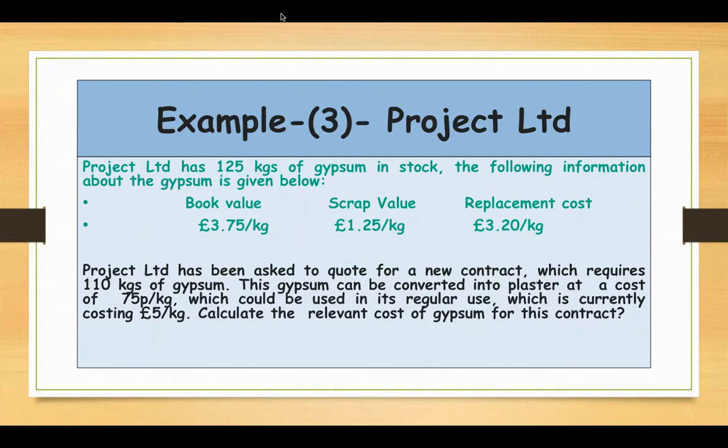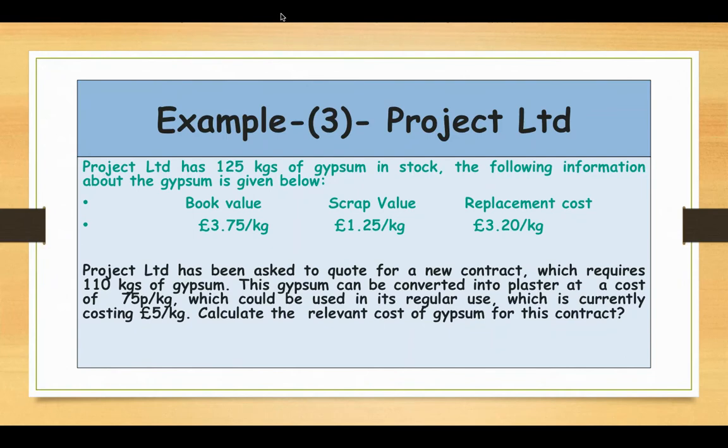Now, if you look at this question, for this company, they have two possible options. Option one, either they can scrap the gypsum and they will get £125 per kilogram, or they can convert it into plaster.